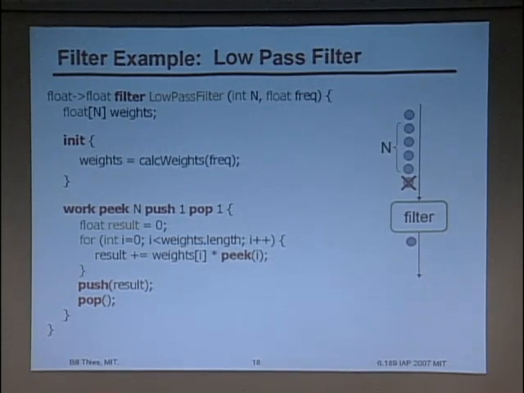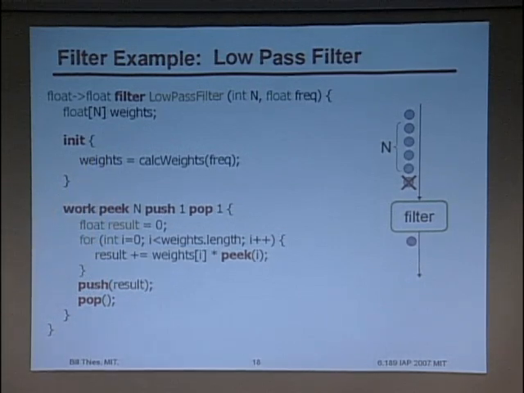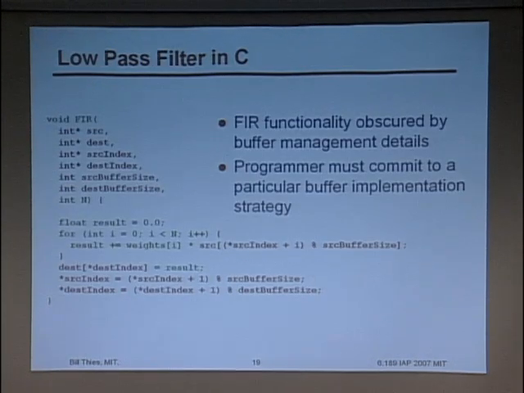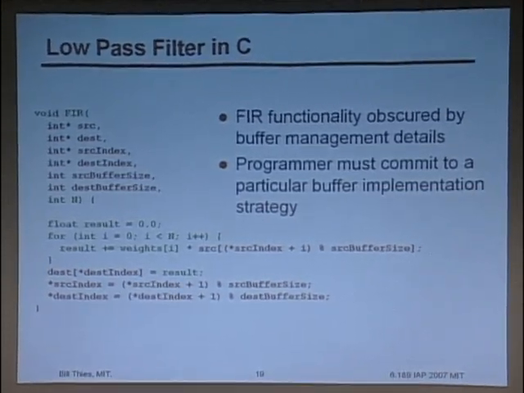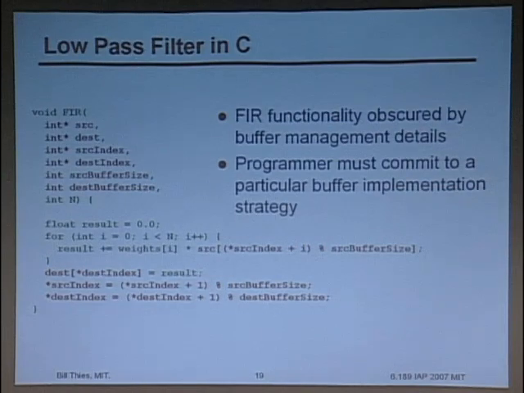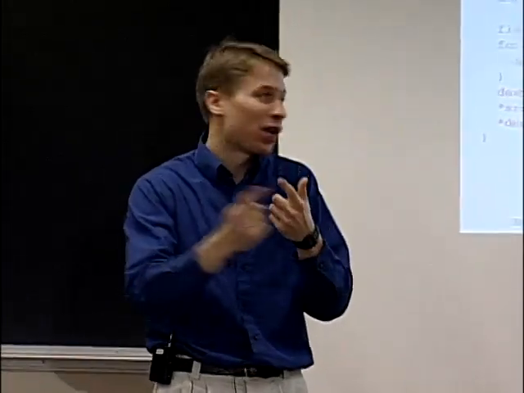Now, what's nice about this representation of a filter is, for one thing, this peek function. So what we really have is a nice representation of the data pattern that you're reading on the input channel. And if you look at this, for example, in a language like C, it's a lot messier. So usually when you're doing buffer management, you have to do some modulo operations. You have to keep a circular buffer of your live data and increase a head or a tail pointer and mod around the side with some kind of modulo operation.